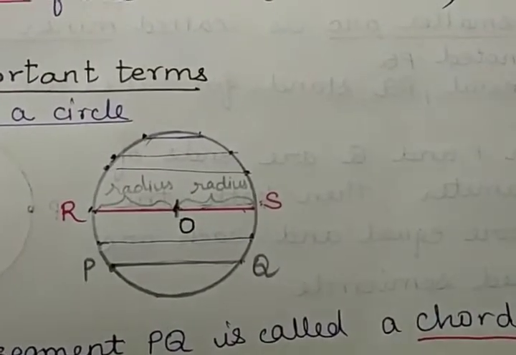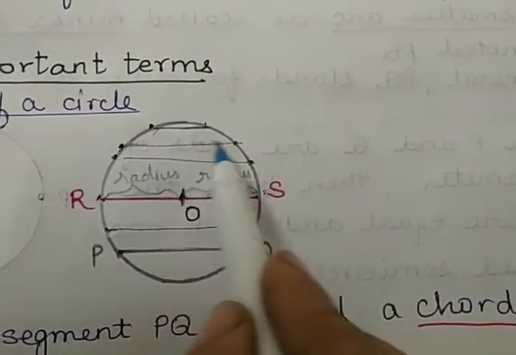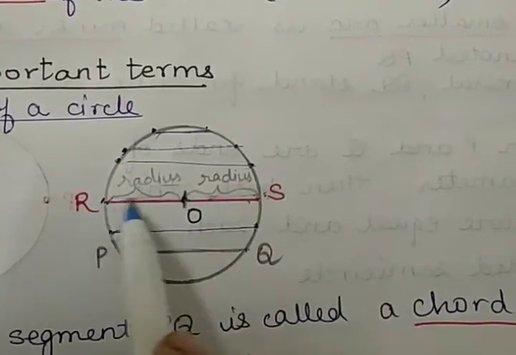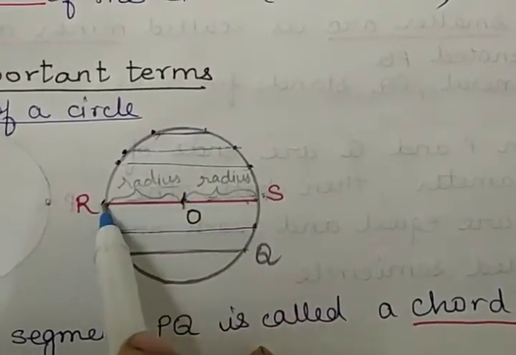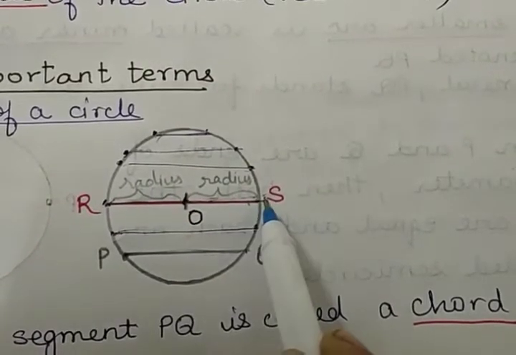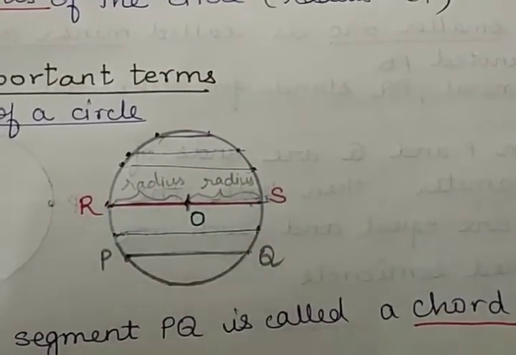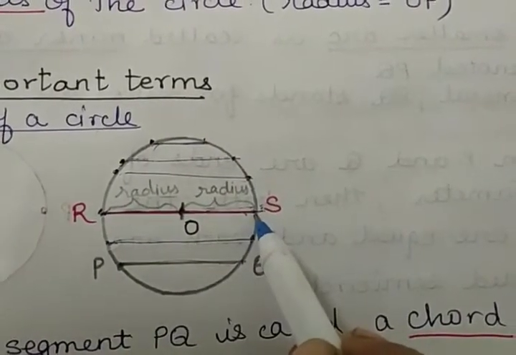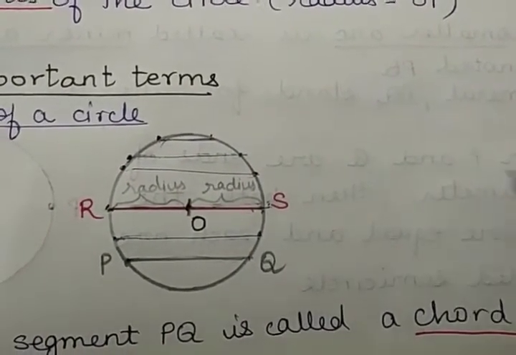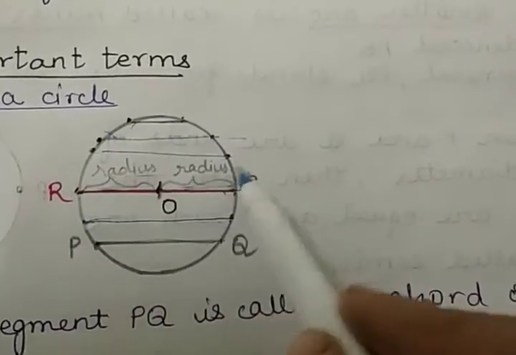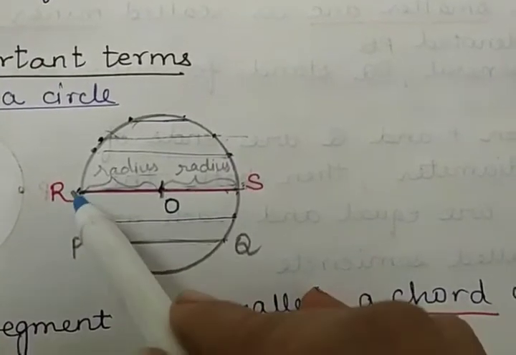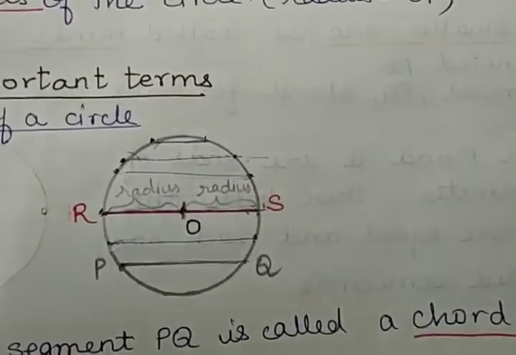Now if you look at all these chords that you have drawn, and compare the lengths of these chords, you will see this will be the longest length of the line segment. So you can draw a circle, mark as many chords as possible, measure the lengths of these chords and check whether this is the longest chord.